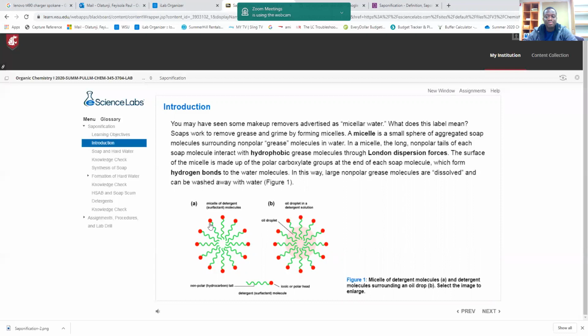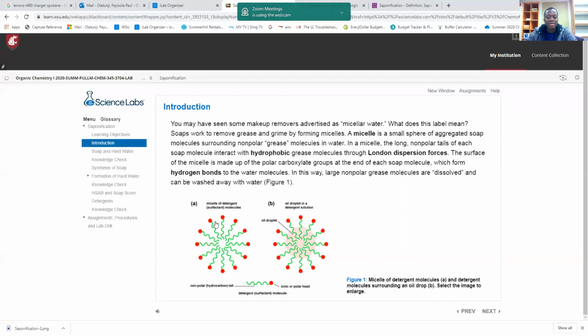So you're looking at a molecule that has the characteristics of both a non-polar molecule and a polar molecule. A non-polar long hydrophobic tail, hydrophobic in the sense that it doesn't dissolve in water because it's non-polar, and a hydrophilic head that's usually ionic.